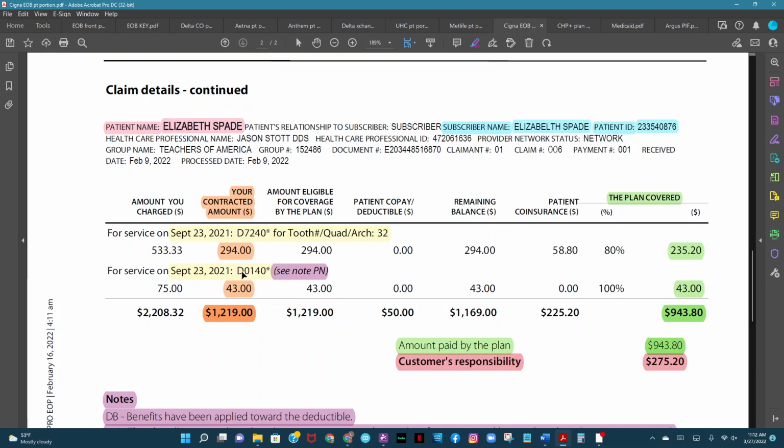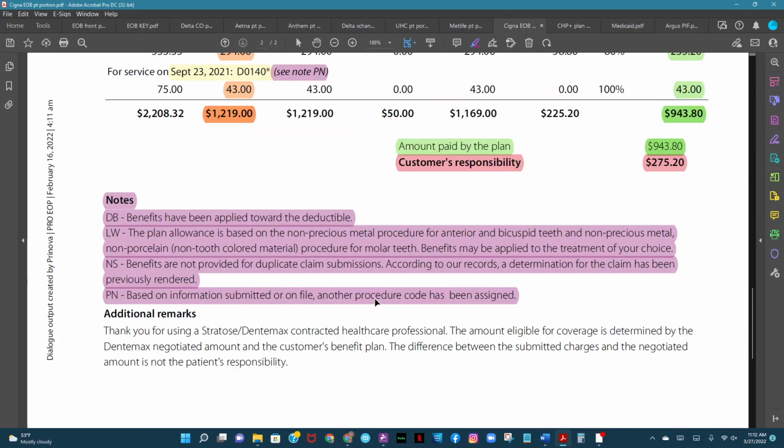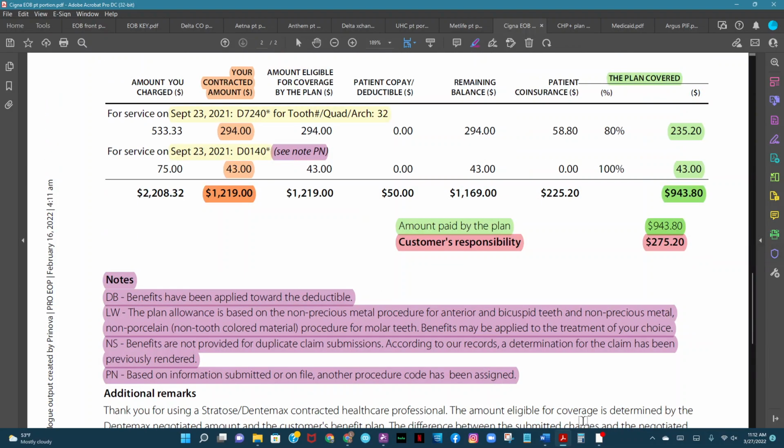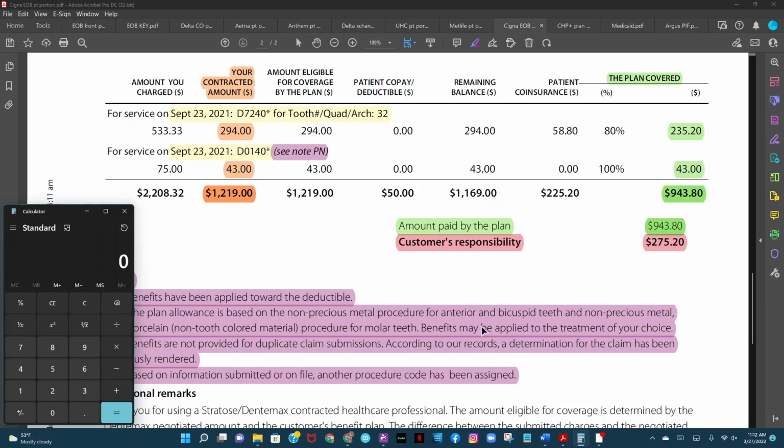It might be a D0120 or a D0150, and they're providing payment for a D0140 is what they're saying. All right, let's go ahead and do our math on this one. 943.80 plus 275.20, 1,219 even. And there you are.